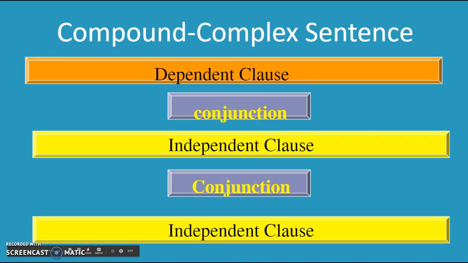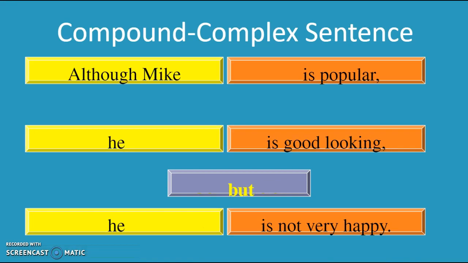But what about this? What if I use a dependent clause, one that cannot stand by itself, an independent clause, and another independent clause, and join them together with 2 conjunctions? This would be the second formula for a compound complex sentence. So that might look like this. Although Mike is popular, he is good looking, but he is not very happy.